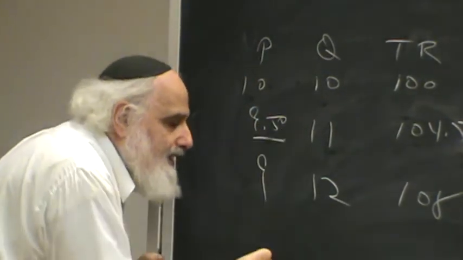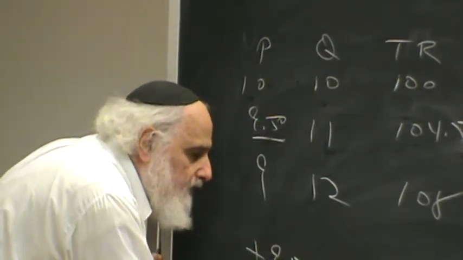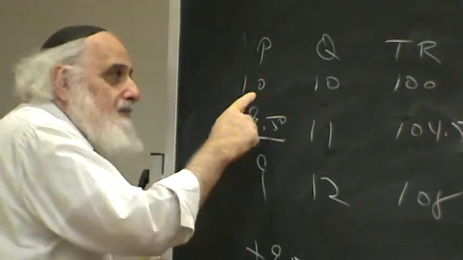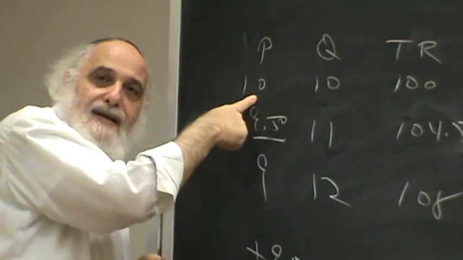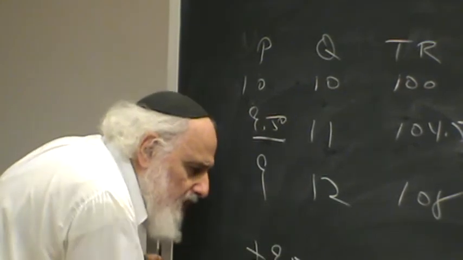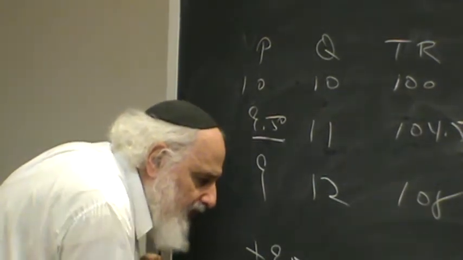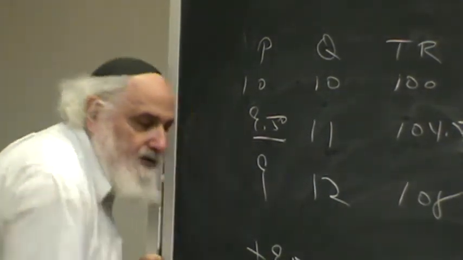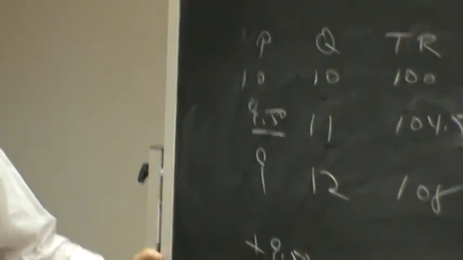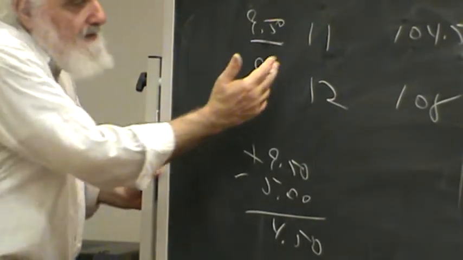So it's true he's gaining $9.50 on the 11th one, but he's losing 50 cents on each of the 10. So it's plus $9.50 minus $5, and he only nets out $4.50.